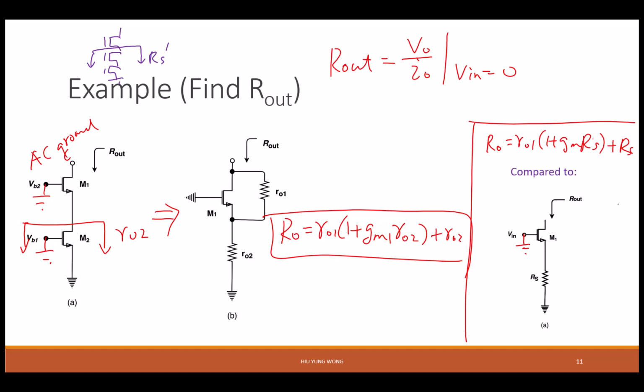So this is gm1 times Rs, which is R02, plus R02. Done. You can spend the whole day to solve this circuit. I only use a minute. So now you need to be able to do that. There was a midterm where I gave them 3 transistors instead. You can continue to keep going.